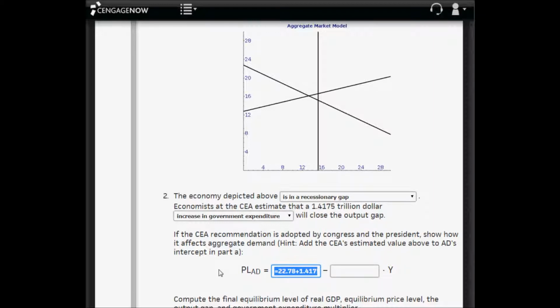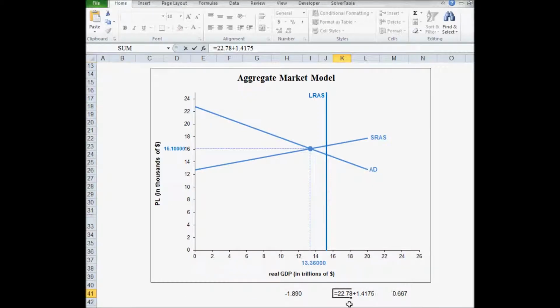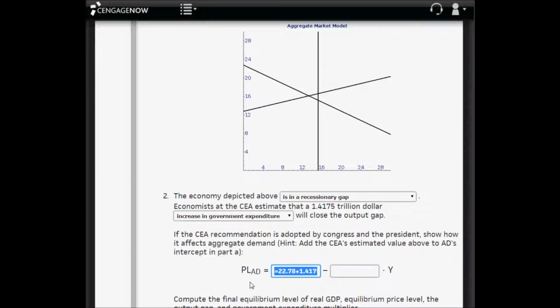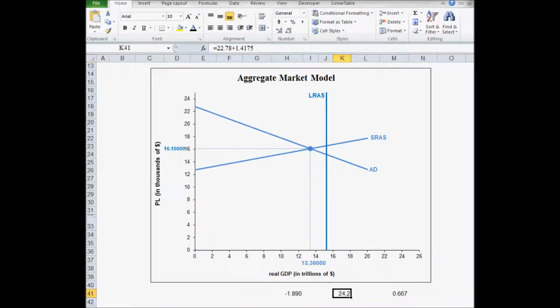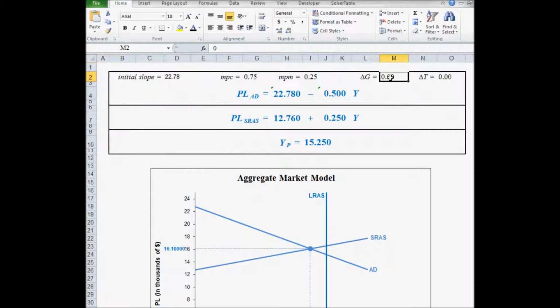So I'm going to calculate that in Excel. So the original intercept is 22.78. The increase in government expenditure is 1.4175. This new intercept is 24.2. To double check that we did that correctly, we can take this increase in government expenditure, copy it, and paste it up here in Excel.